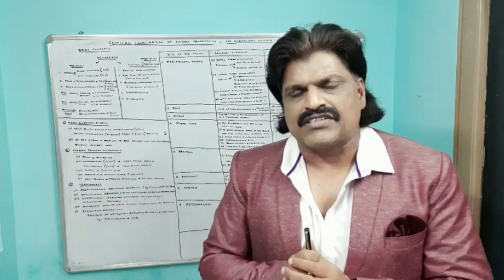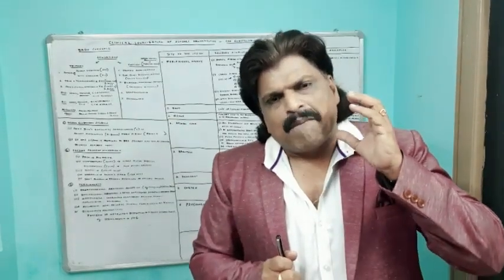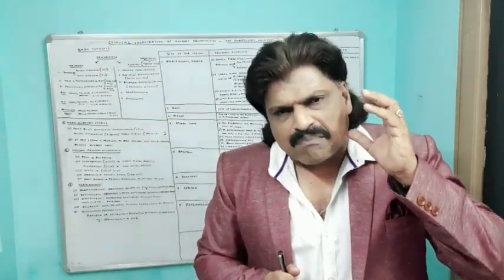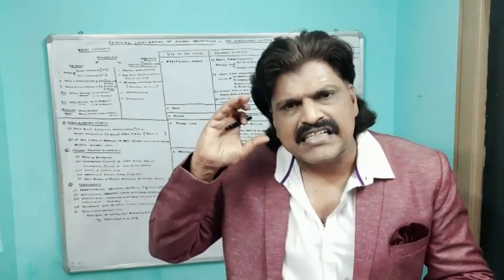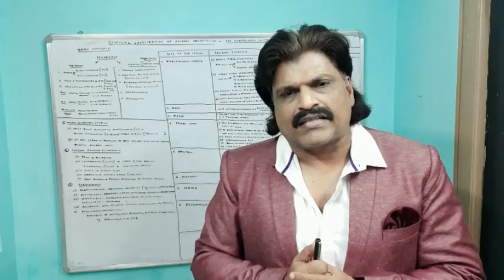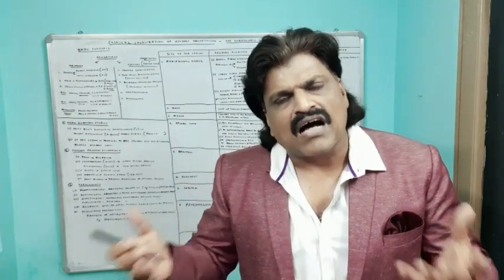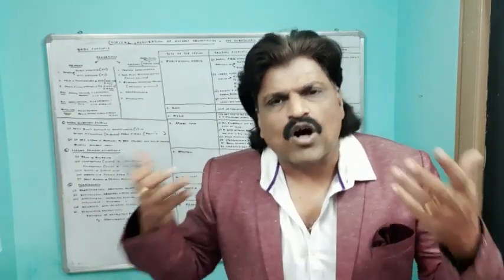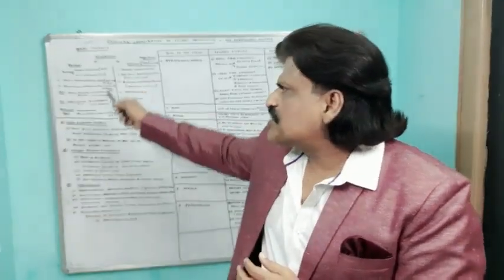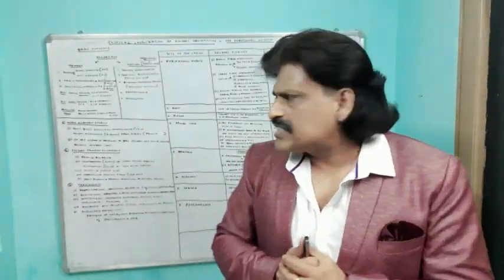So we have primary sensations and cortical sensations. If the primary sensations are present but cortical sensations are lost, that means the lesion is in the parietal cortex. Cortical sensations are those sensations that are perceived by cortex, that is parietal lobe. As simple as that. Now let's check out the primary sensations.